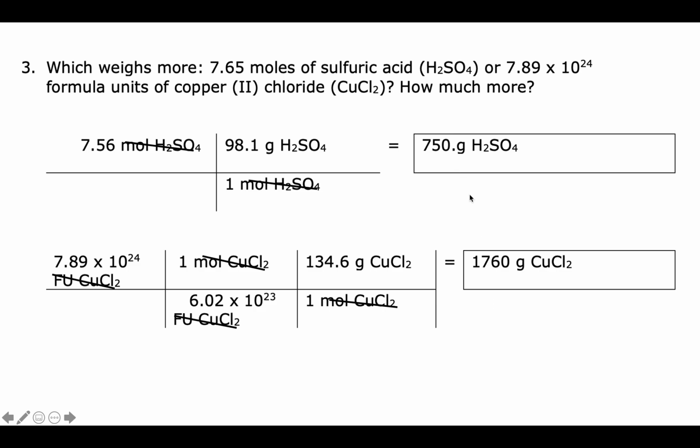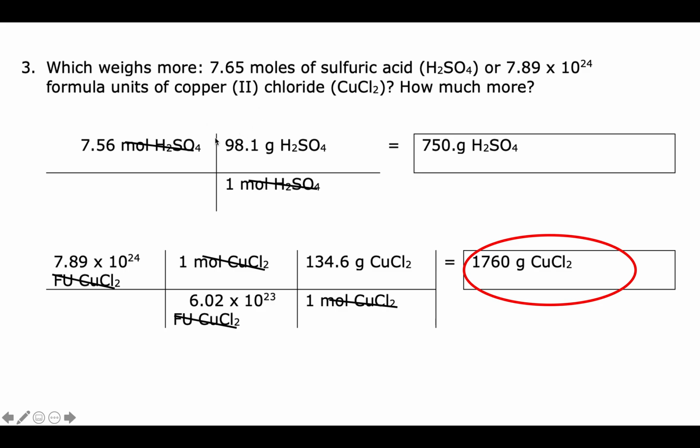Alright, so this answers our question. It's the copper chloride that weighs more. Put a circle around it. That was one of the questions. And then it also asked how much more. So part of practicing and doing problems is reading the directions and answering questions completely.